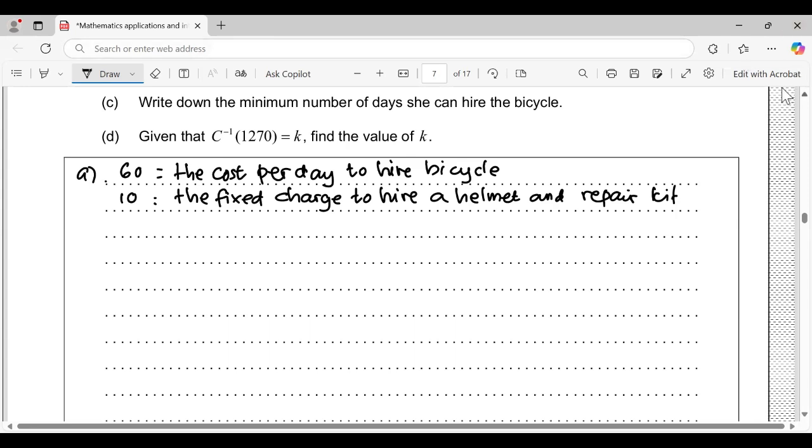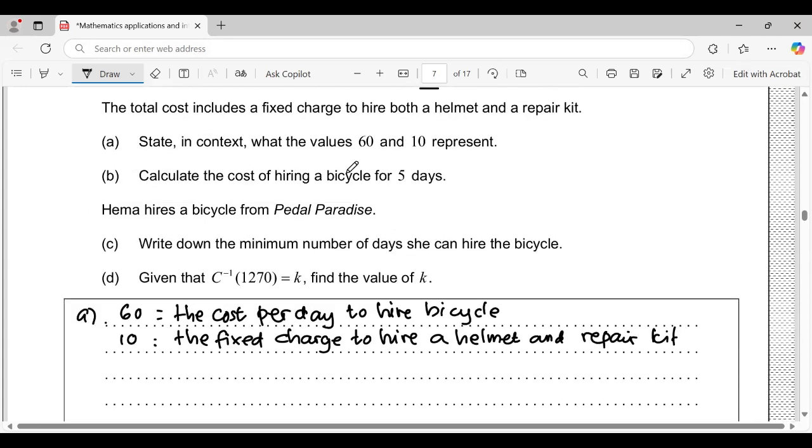Next, question B. Calculate the cost of hiring a bicycle for 5 days. The function is C(D) equals 60D plus 10.